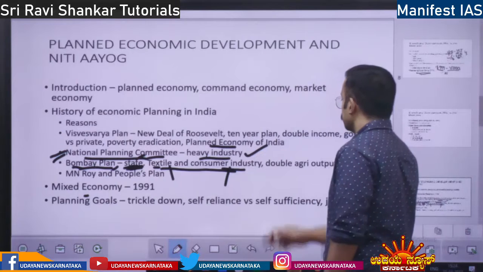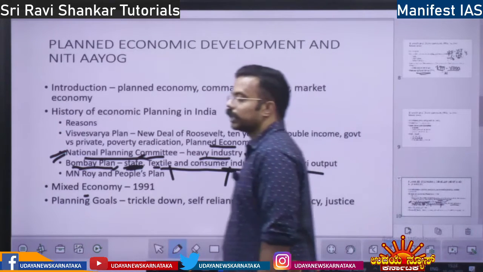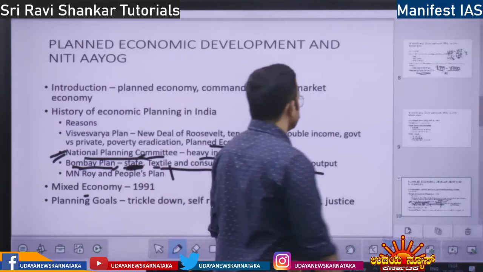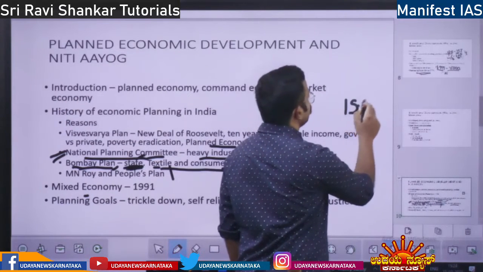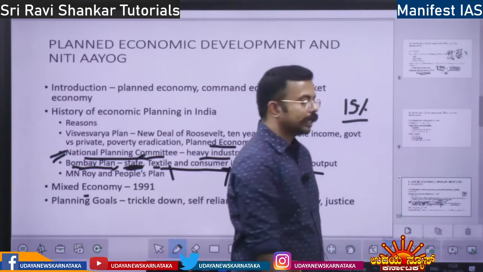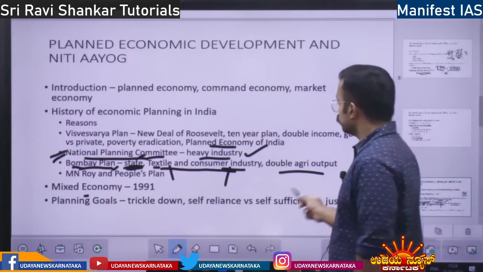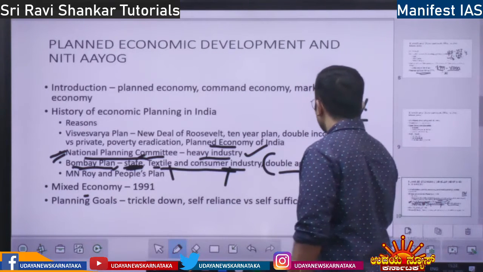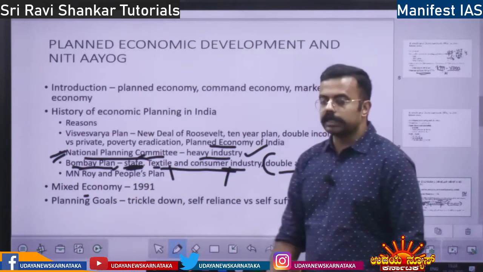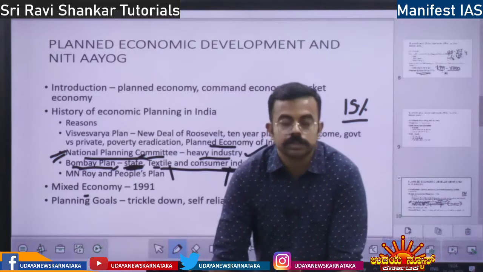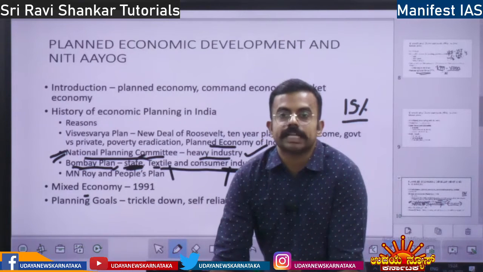And it also says we have to double the agricultural output. So what is the agricultural output today? It is 15% of the economy. So whatever the output that was there during the Bombay Plan, this plan says that if agriculture is producing 100 million tons now, it has to produce 200 million tons. Why so much for food? Because there would be lot of food scarcity in India.